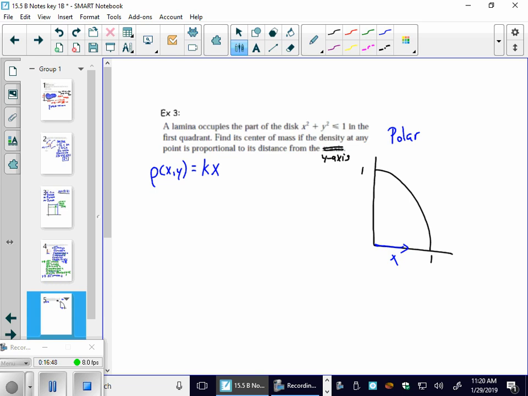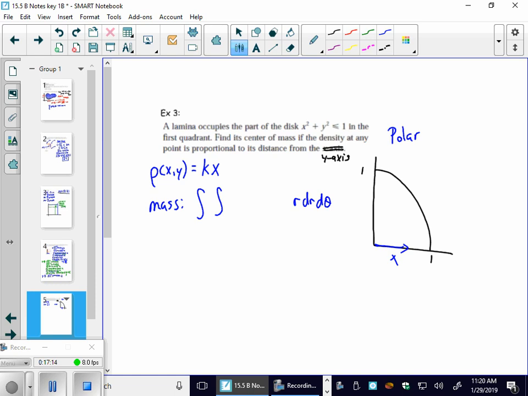So our mass in polar still doesn't change as far as a double integral is concerned. Got to take a double integral. But remember that whatever we put on the inside here is our density function. It's going to end with an r dr d theta. Don't forget that extra r. It's part of the conversion factor into polar.